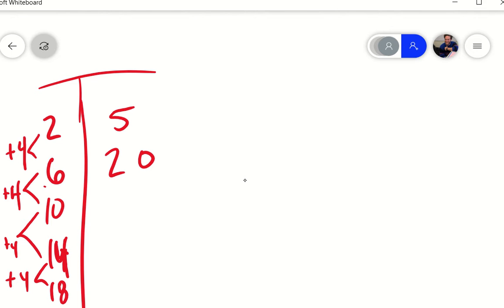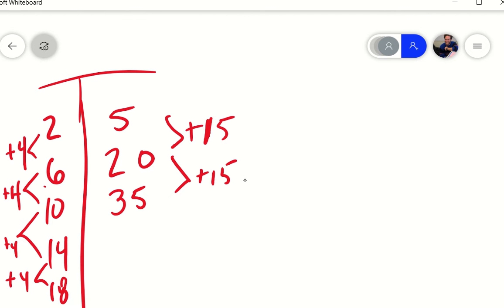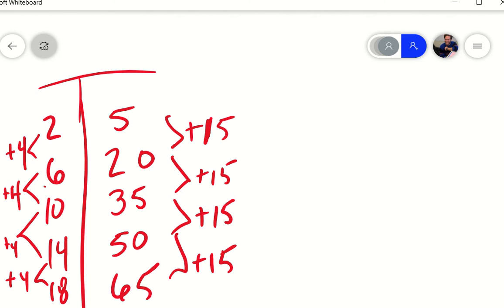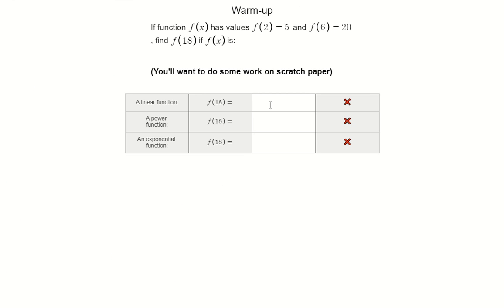And then, since it's add, on the right side we're adding 15. So this one's going to be 35, 35 plus 15 is 50, 50 plus 15 is 65. So that means that f of 18 equals 65 if this is a linear function.